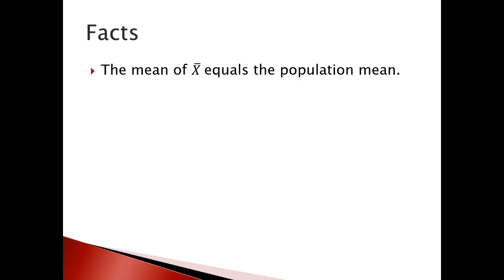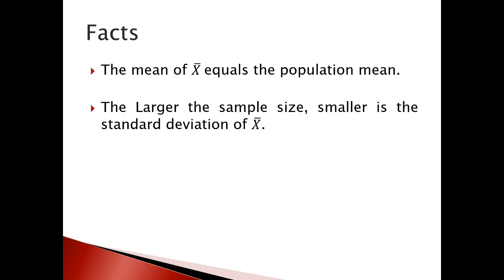The first thing is the mean of the variable x bar is the same as the mean of the variable X. In other words, the mean of x bar is equal to the population mean. Then for larger sample sizes, we will get a lower standard deviation for x bar. So those are the two results we got by looking at this example.